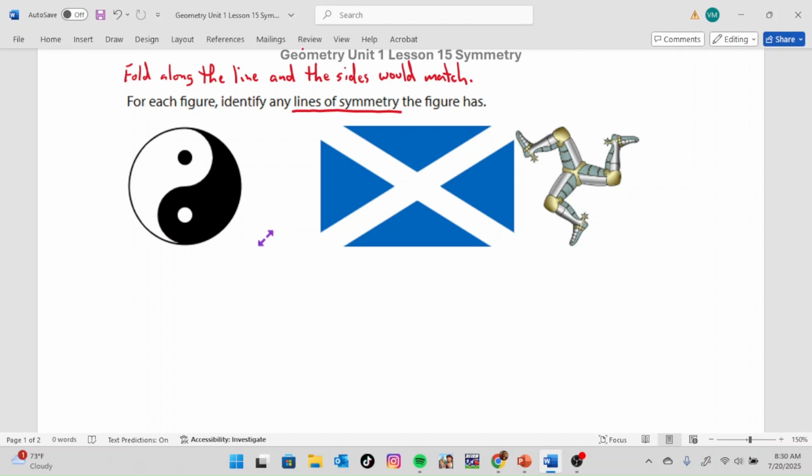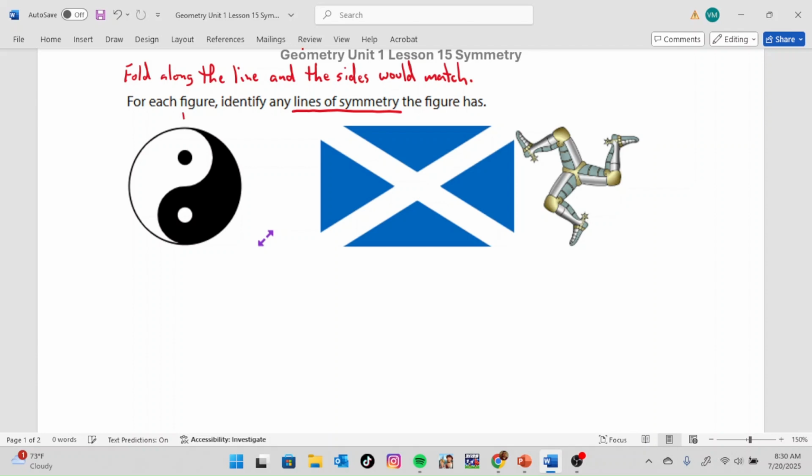So the first one here is the yin-yang symbol. And the tricky thing with this is that the curves are going in the same direction and we have the coloring.